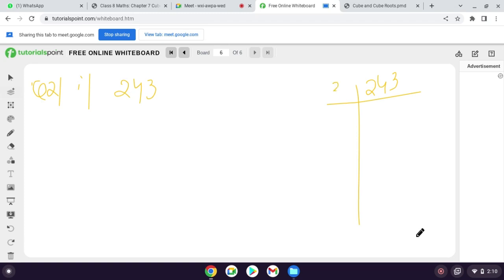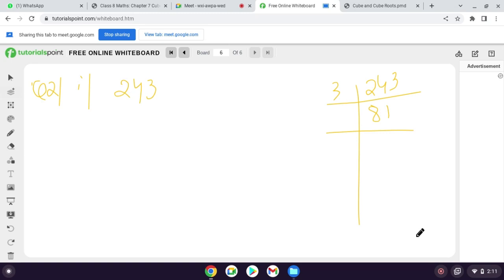3 6s are 18. Then 3 8s are 24. 3 1s are 3.